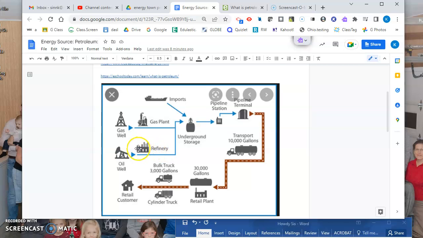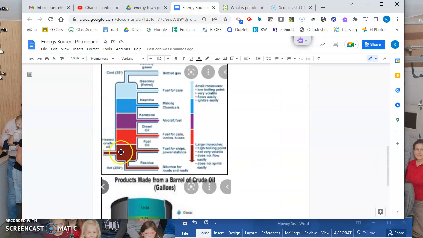Refine, I'm going to take you down to these two graphics here. When this crude oil is refined, you can see it's heated. This graphic shows you it's heated. And then depending on when it separates, refine means to separate it, we get all these different types of fuel out of this crude oil. Up here is gasoline, kerosene, diesel, fuel oil.